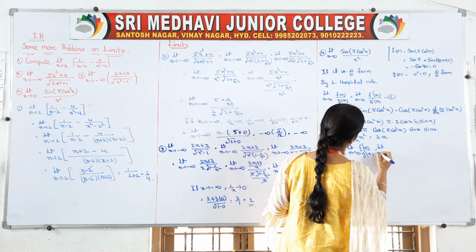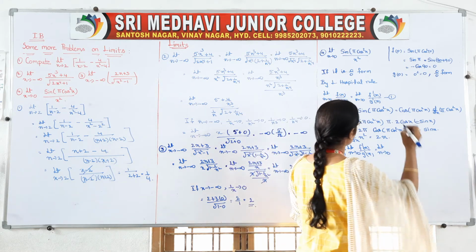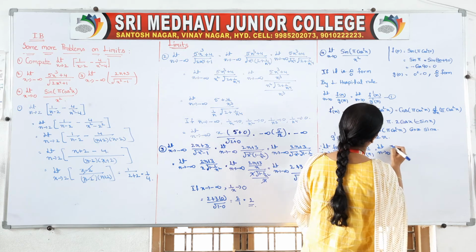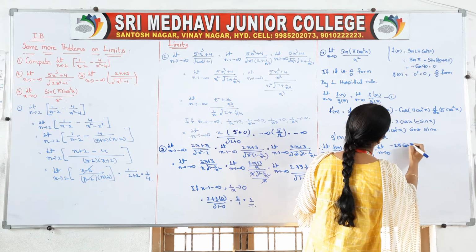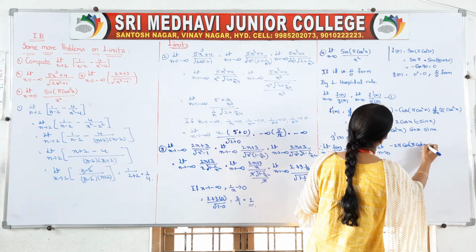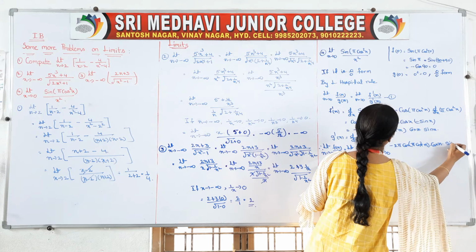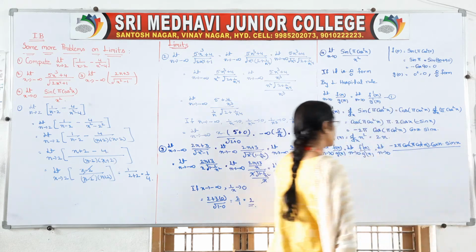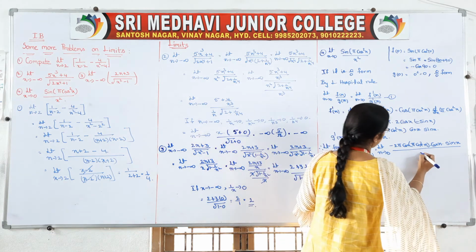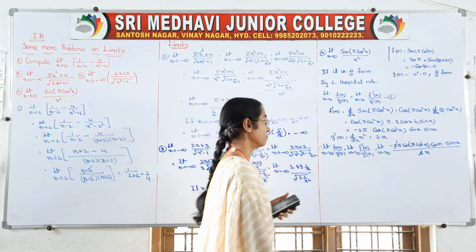So limit x tends to 0 f dash x, which value we got? This one, minus 2 pi cos of pi cos square x into cos x into sin x by g dash x, which is 2x, 2 to cancel.